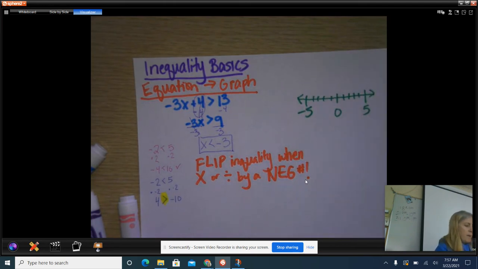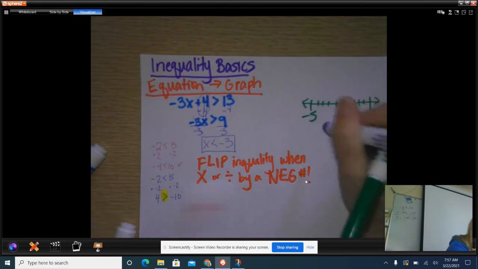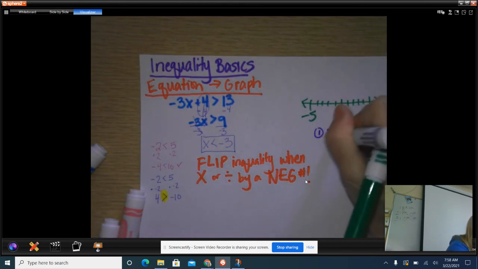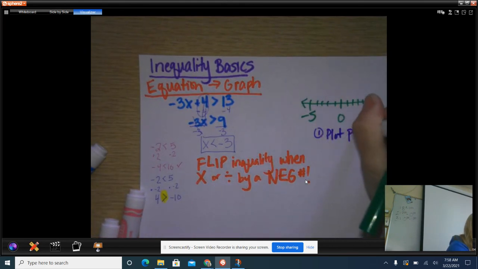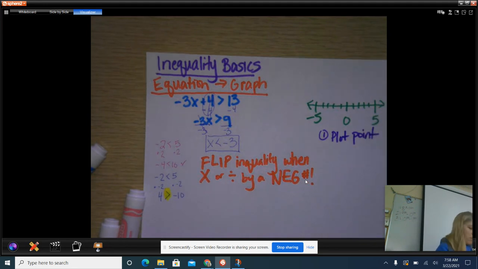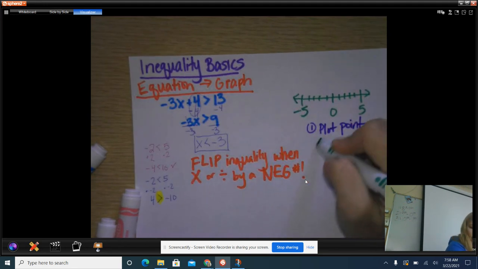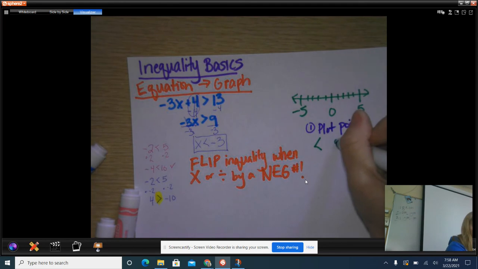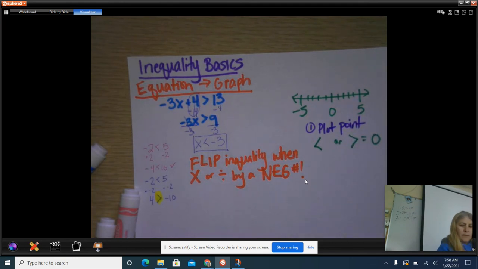Okay, so step number 1 is to plot your point. And as we plot our point, you're going to plot your less than or your greater than as an open circle.